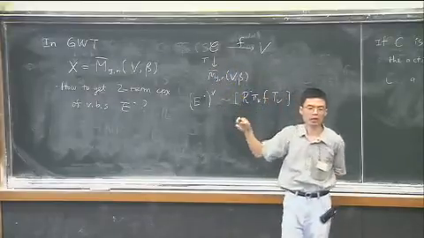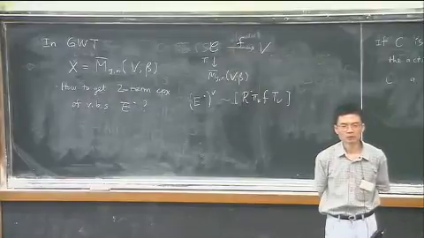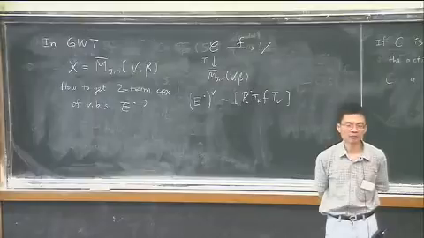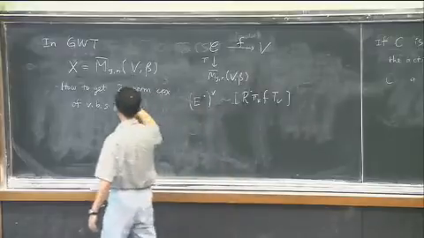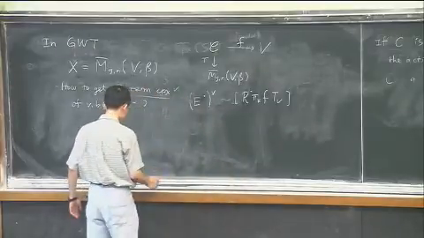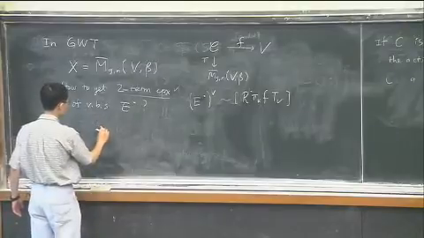So only H0 and H1, no H2, right? That's a certain two-term complex, but not of vector bundles. Two-term is okay, but vector bundles, no, not yet.